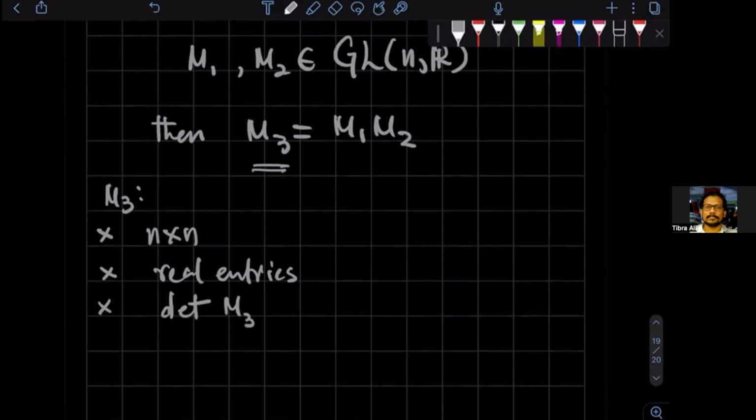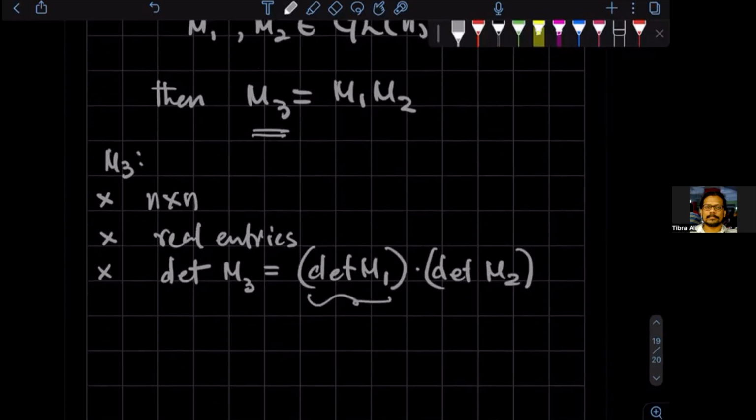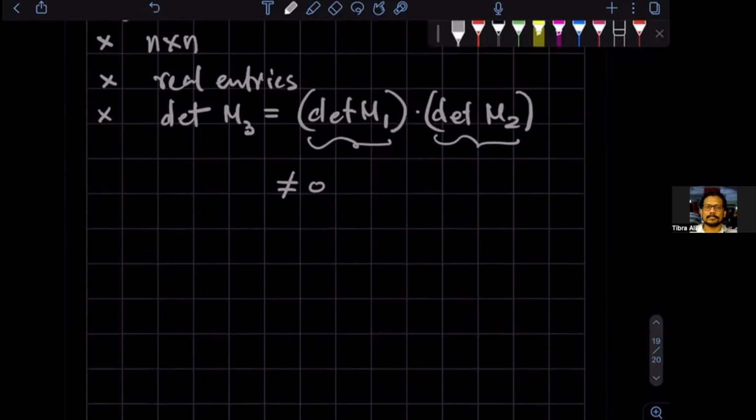So the determinant of M3 can be written as the determinant of M1 times the determinant of M2, right? And since this is non-zero, this is non-zero, the determinant of M3 is also non-zero, right? So we see that the closure property is satisfied.